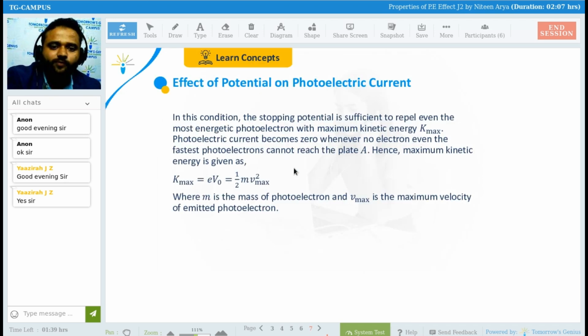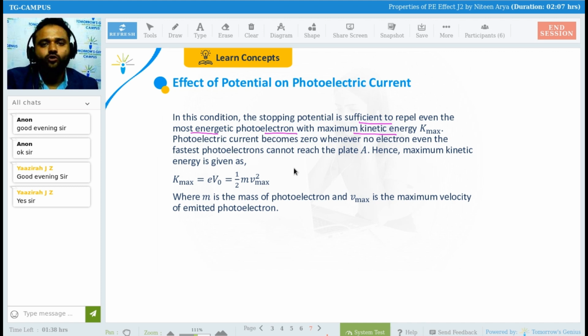Now this is the effect of potential on photoelectric current, and we already discussed this, but again, in this condition, the stopping potential is sufficient to repel even the most energetic photoelectron with maximum kinetic energy K max.